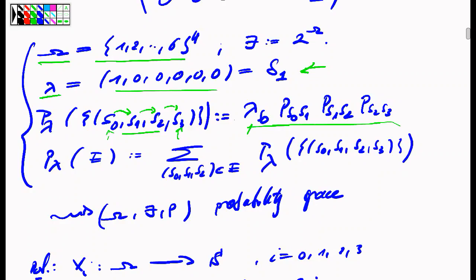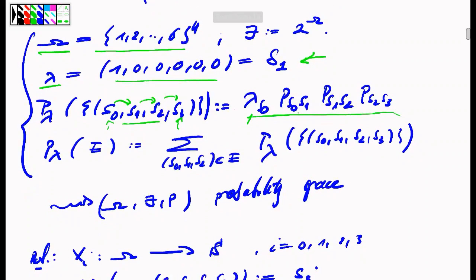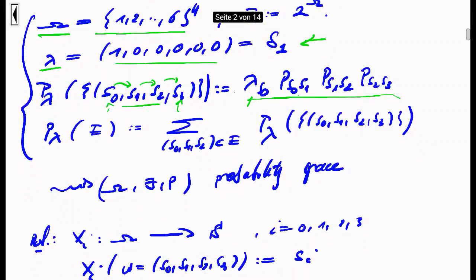So we have lambda S0 for the initial position, that's the probability to choose S0 as the initial position, and then we have these transitions which are chosen in an independent fashion, but in such a fashion that they match the sequence of states given.